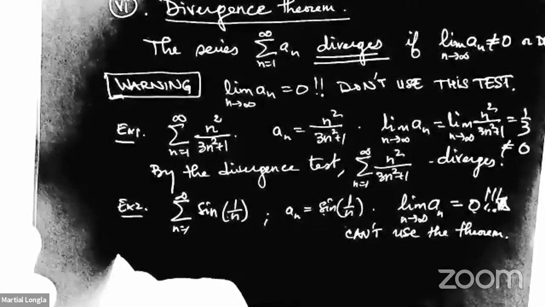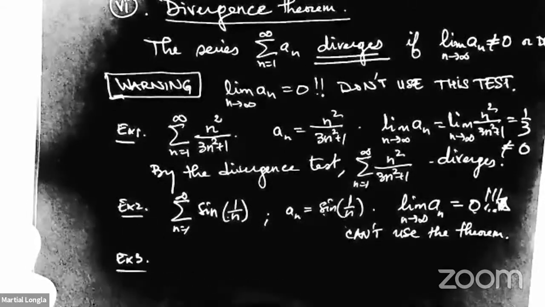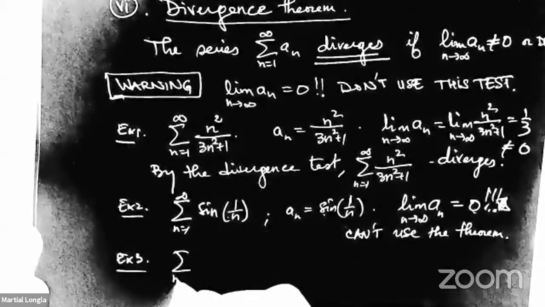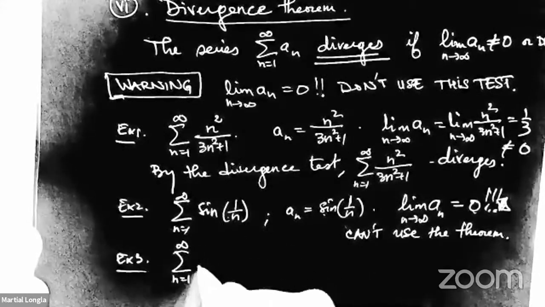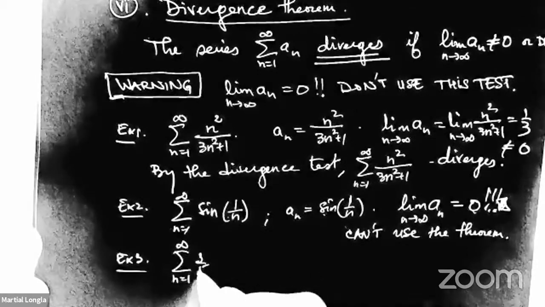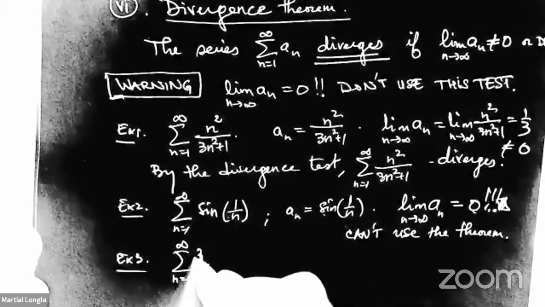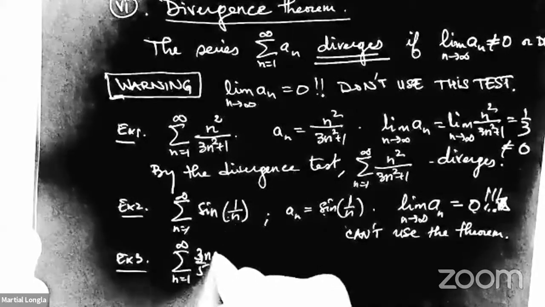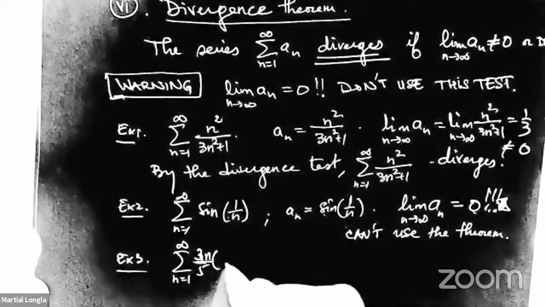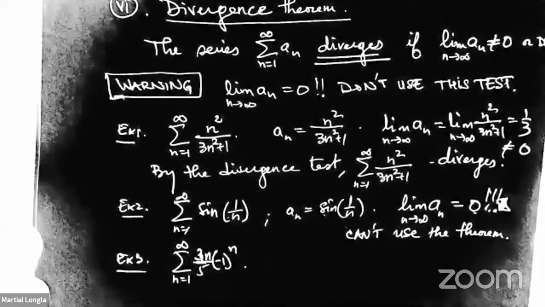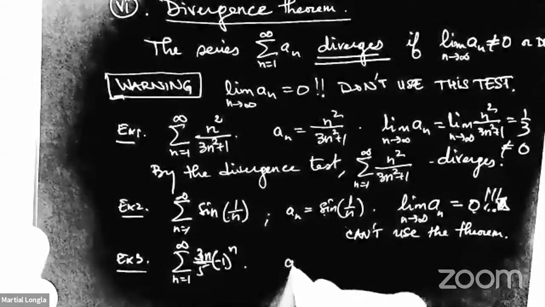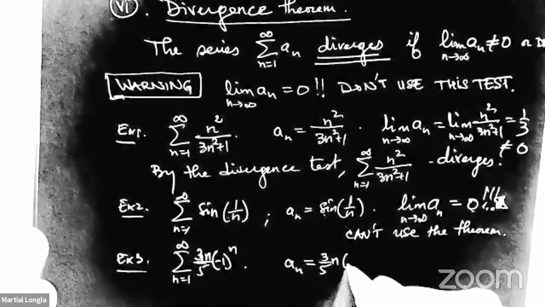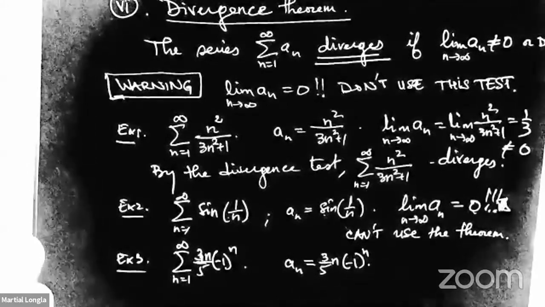The other example will be sum of three-fifths to n here, and then 3n over 5 times minus 1 to the power n. Here you would have a_n is 3/5 of n times minus 1 to the power n.